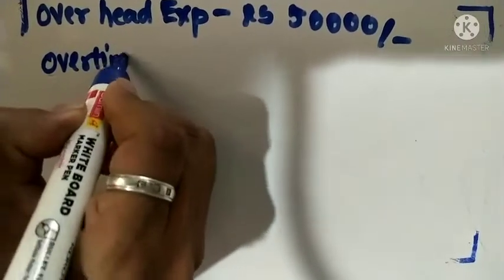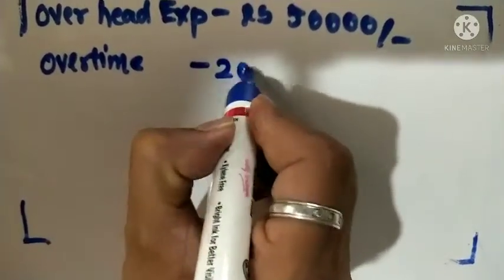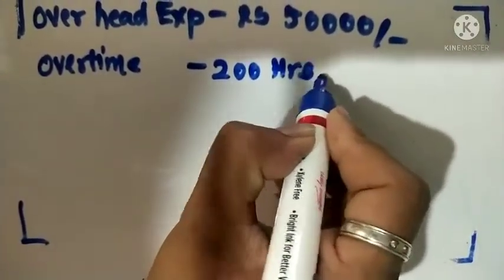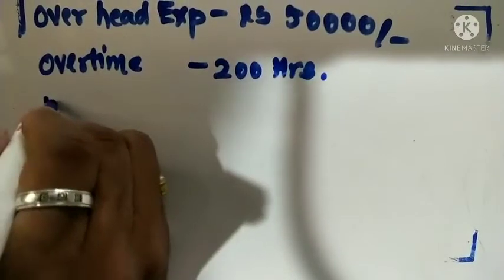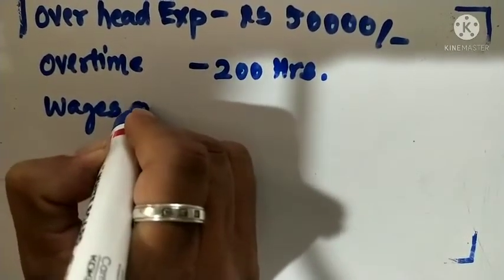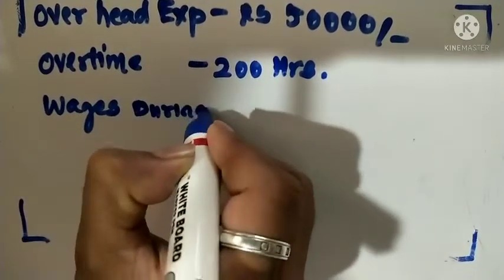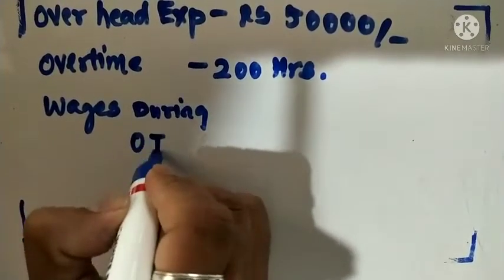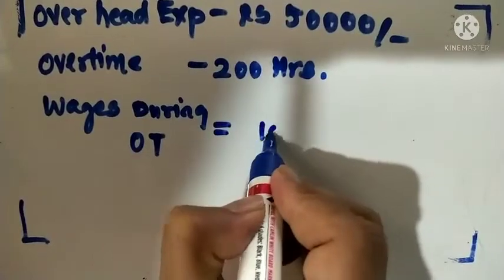The overtime is 200 hours in that particular month, and the wages for that overtime is 10 rupees per hour. Normally it is 6 rupees, but for overtime they are paying extra, that is 10 rupees per hour.